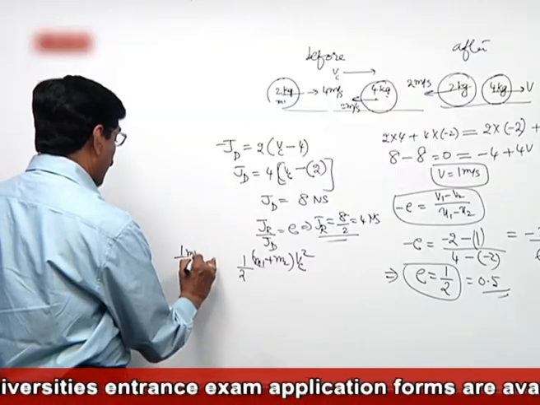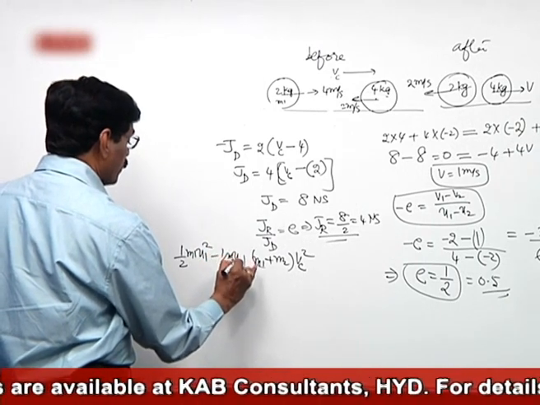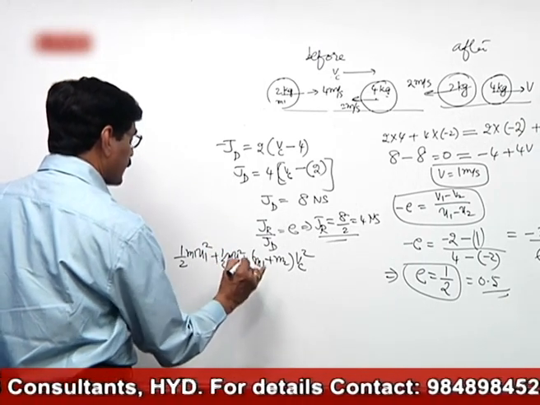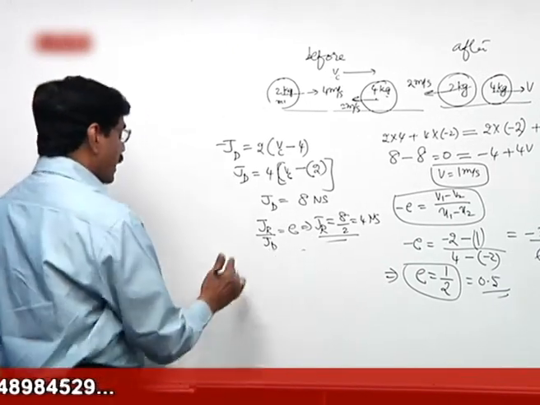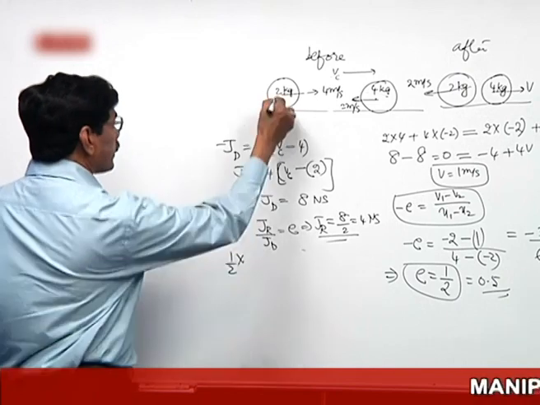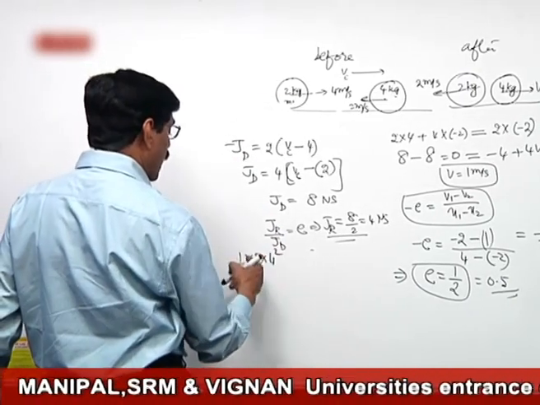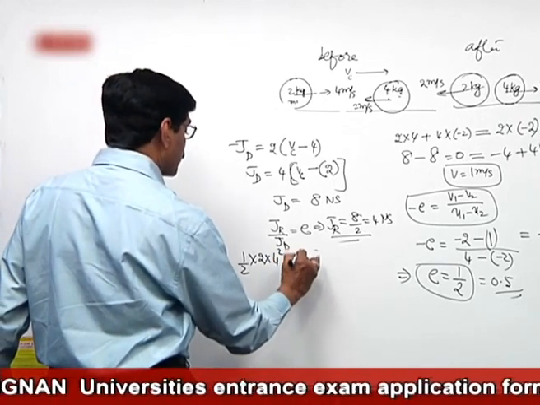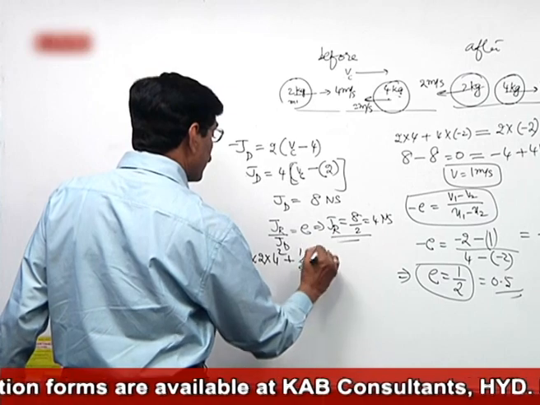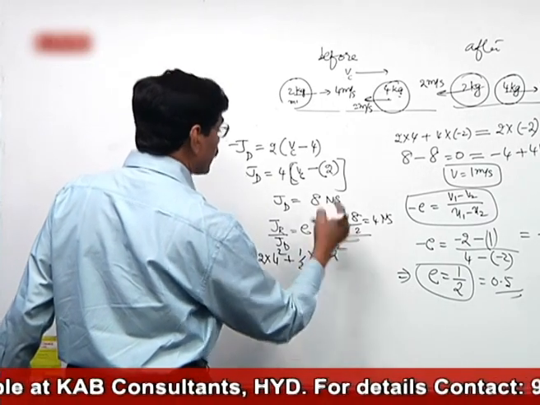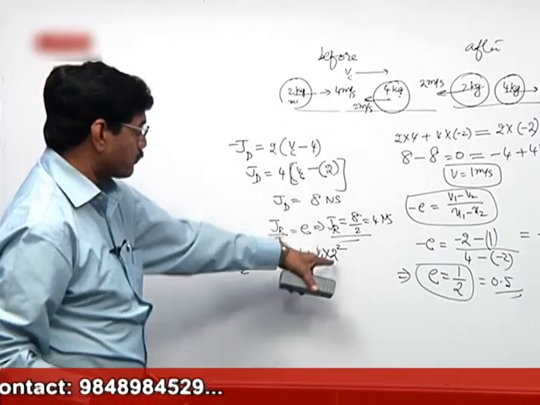The initial kinetic energy is half m1 u1 squared plus half m2 u2 squared. Here m1 is 2 kg, initial velocity is 4, and m2 is 4 kg, initial velocity 2 meter per second, squared. Therefore, even though it is in the opposite direction, it becomes positive.